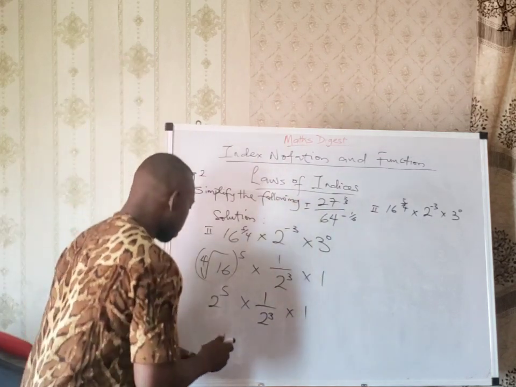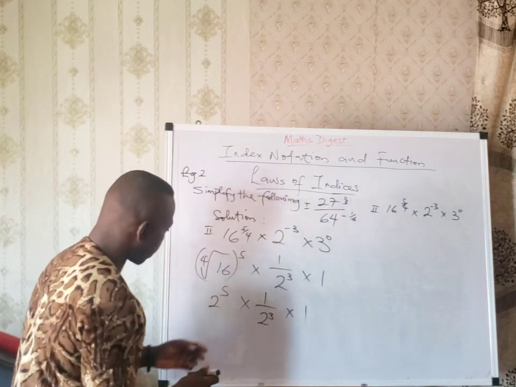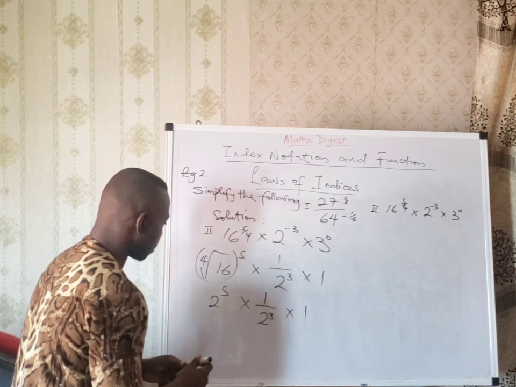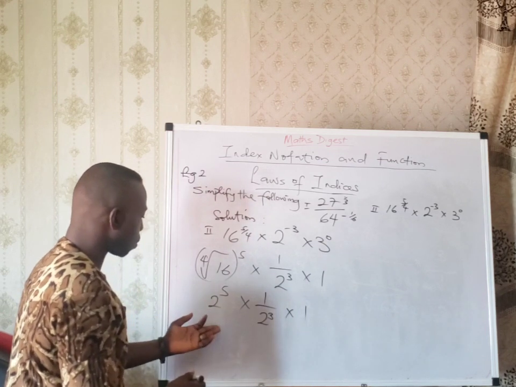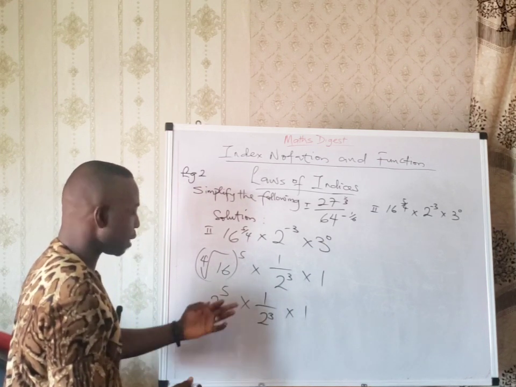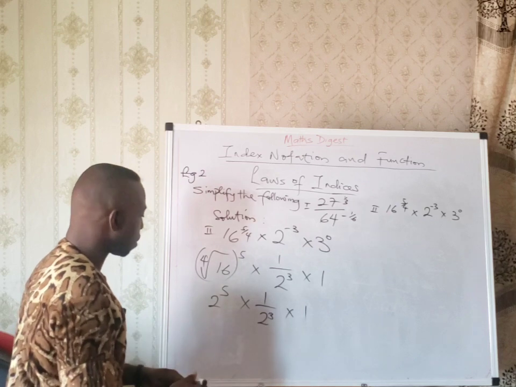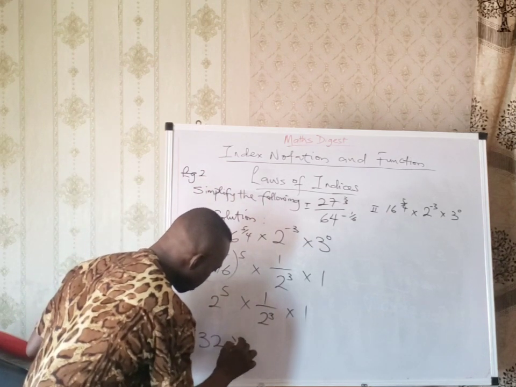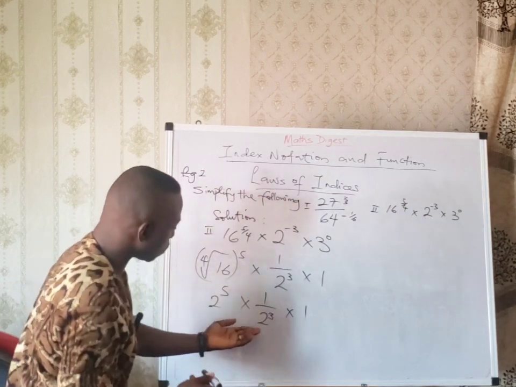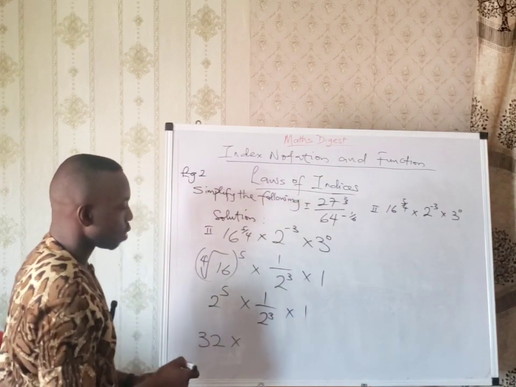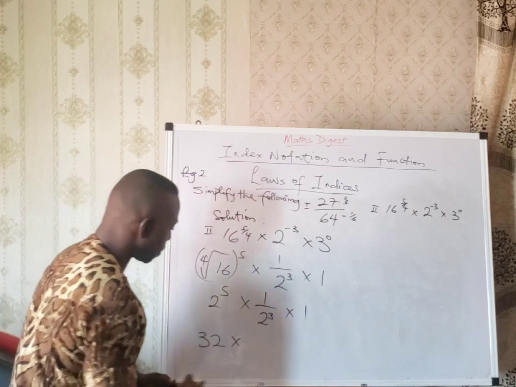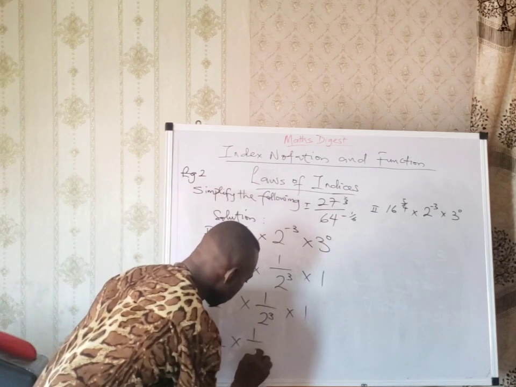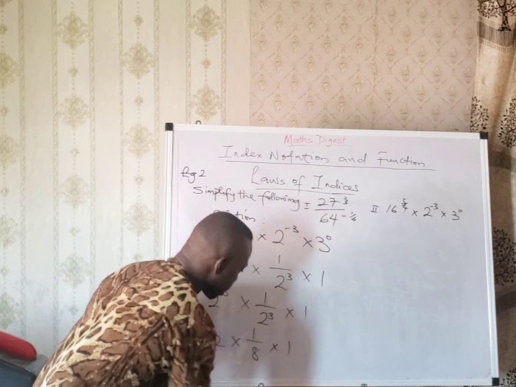Now from here we say, okay, 2 raised to power 5 is 2 times 2, 4, 4 times 2, 8, 8 times 2 is 16, 16 times 2 is 32. So we have 32 times, now for this we say 2 times 2, 4, 4 times 2, 8. So we have 1 over 8 times 1.